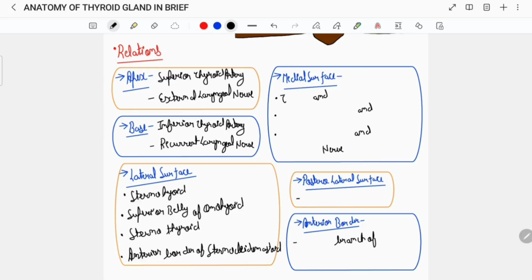The medial surface is related to the trachea, esophagus, the inferior constrictor, and the cricothyroid.